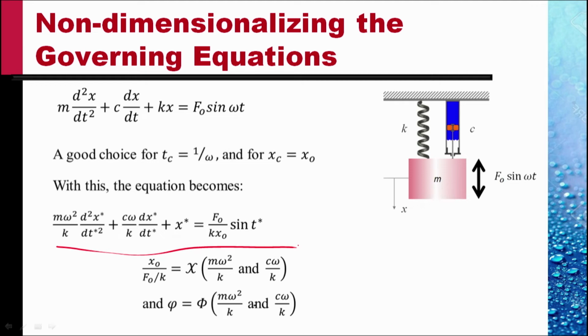Notice that in this equation, we have made the coefficient of this term 1. We could make the coefficient of any term 1. It really does not matter. And if we do this, in this equation, there are now 3 groups of parameters.